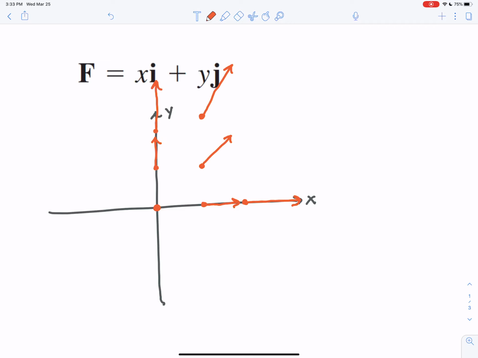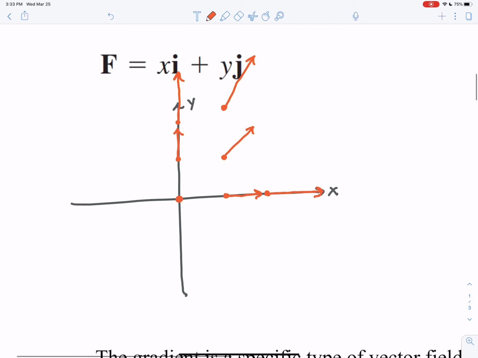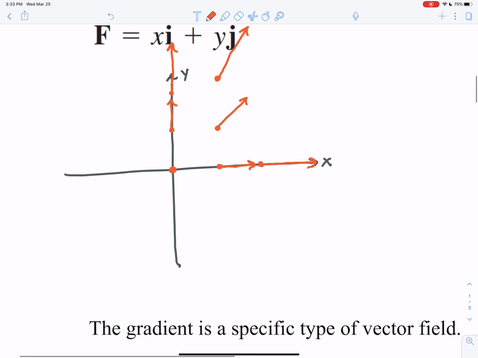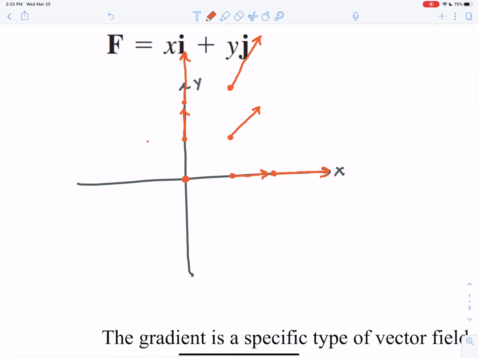So if you can see a pattern, all of these vectors are going to be pointing directly away from the origin with a length that kind of corresponds to how far away it is. So if we were to sketch a couple more just to get a representative picture of what this vector field looks like, they would look something like this.